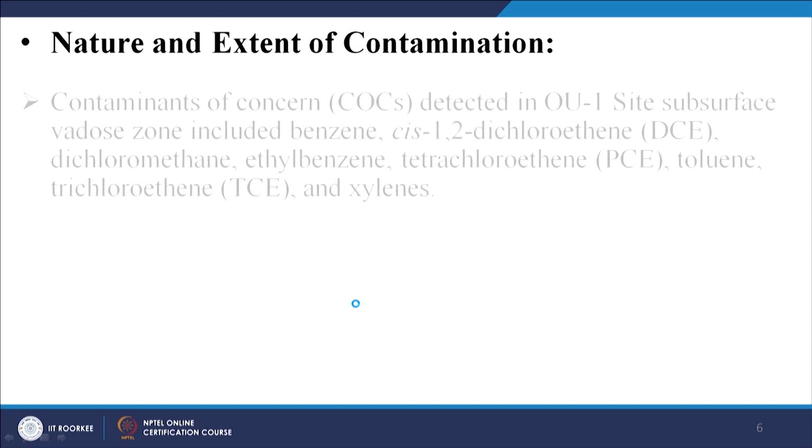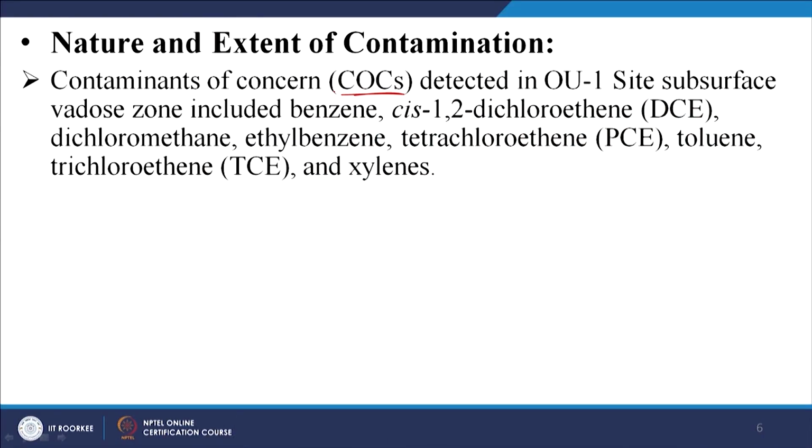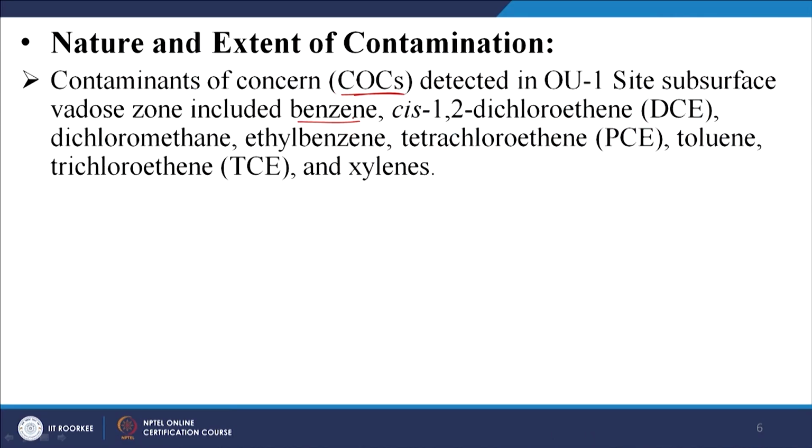So, nature and extent of contamination. What were the different contaminants of concern, a term used in the US, typically what are the contaminants that they were concerned with. So, typically they were concerned with benzene and 1,2-DCE, dichloromethane, ethylbenzene, tetrachloroethene, toluene, and xylenes.